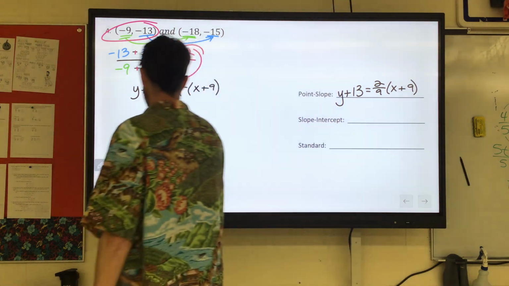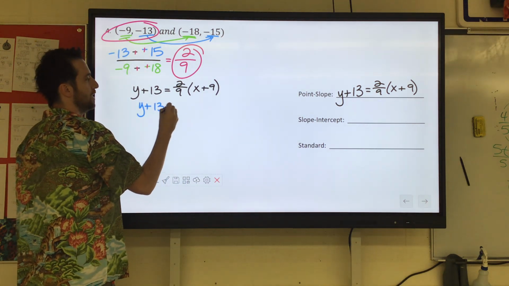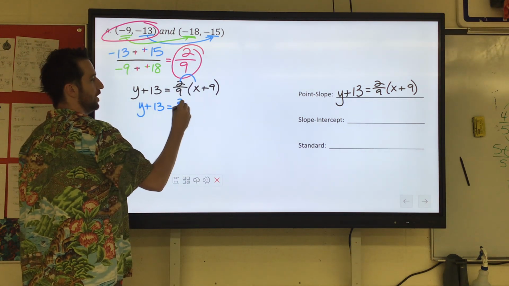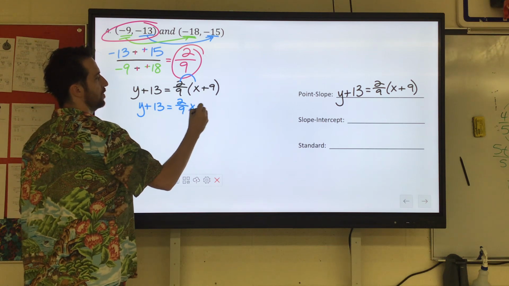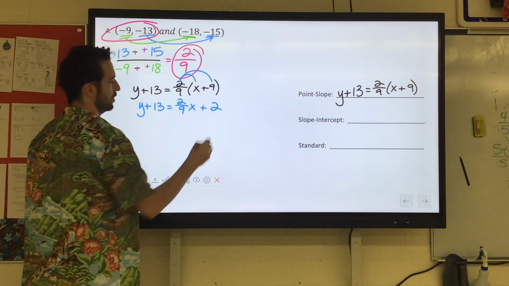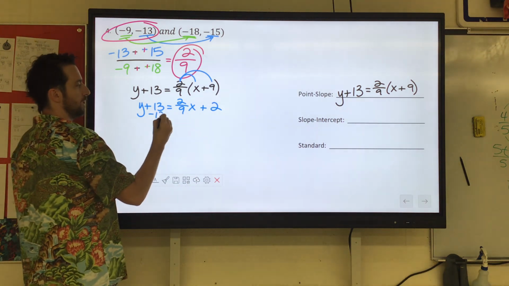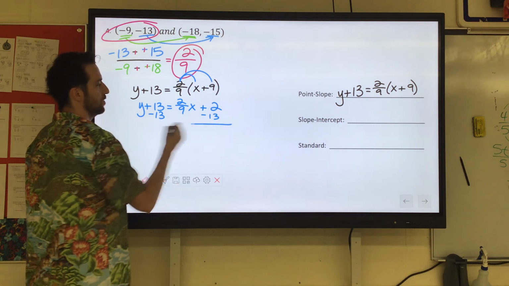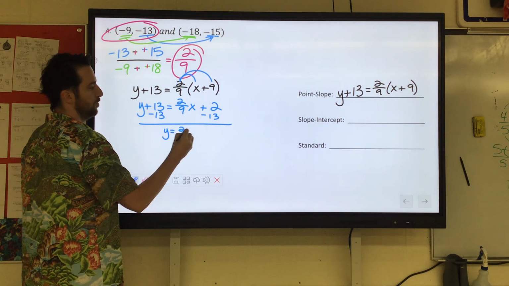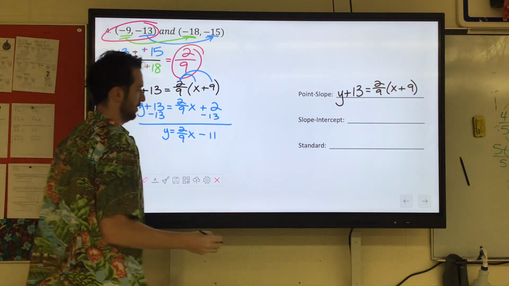We're going to distribute: y plus 13 equals 2/9 x plus 2/9 of 9, which would just be 2. One more step. Get rid of plus 13 by subtracting 13 from both sides. y equals 2/9 x, and then 2 minus 13 is negative 11.